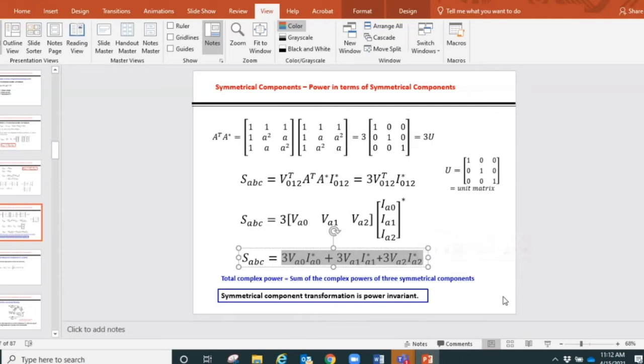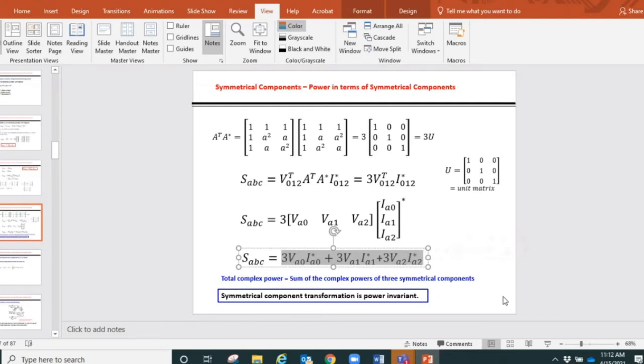So it will look like this, the one that is highlighted there. It says 3 times VA0, IA0 conjugate, 3 times VA1, IA1 conjugate, 3 times VA2, IA2 conjugate.